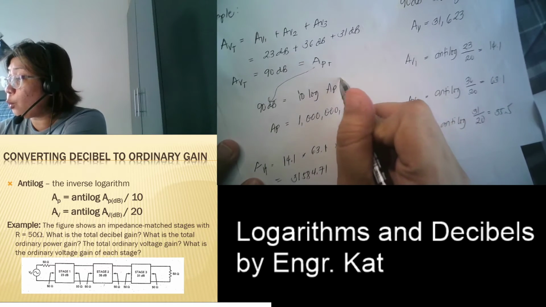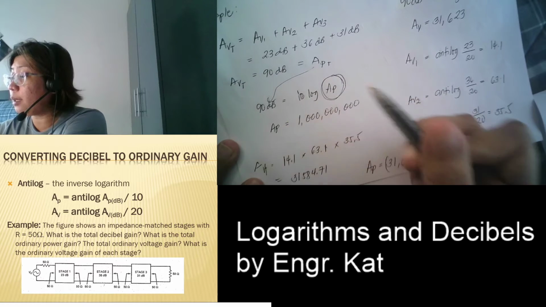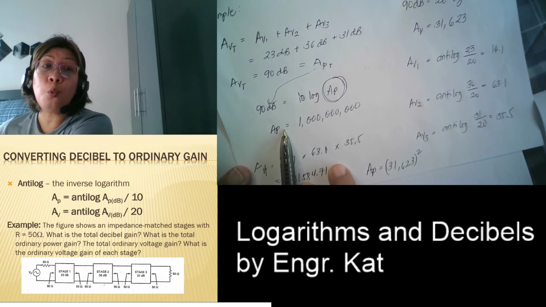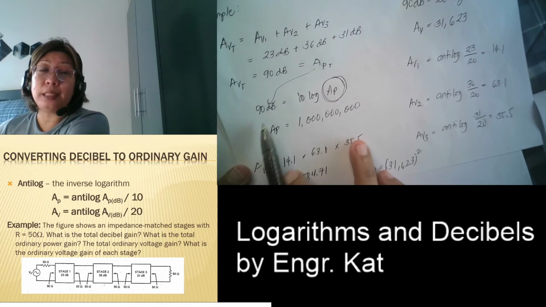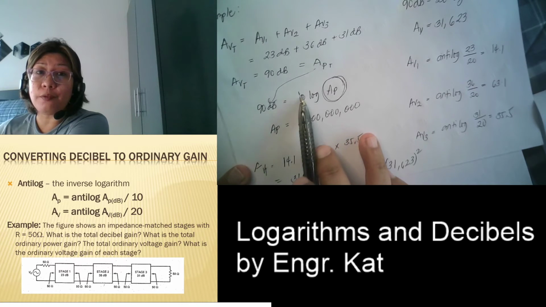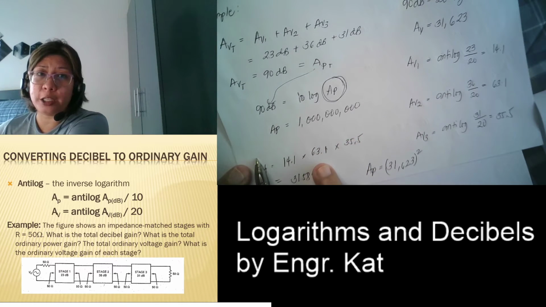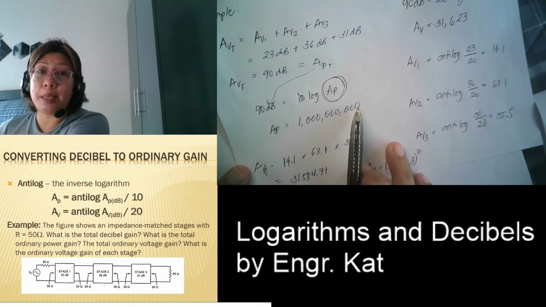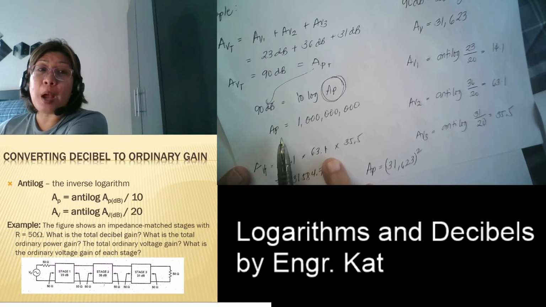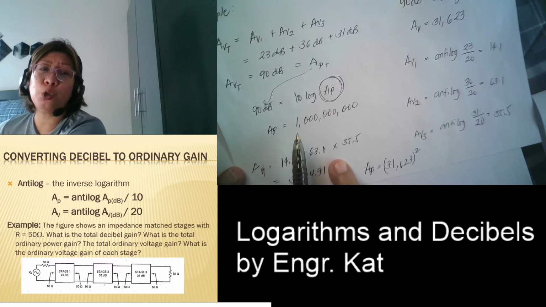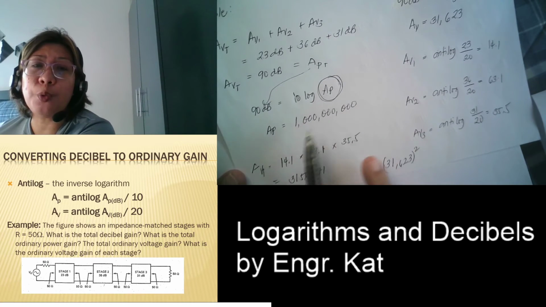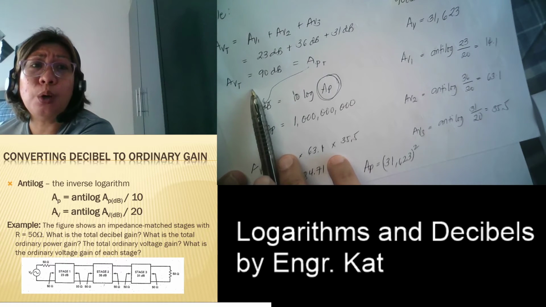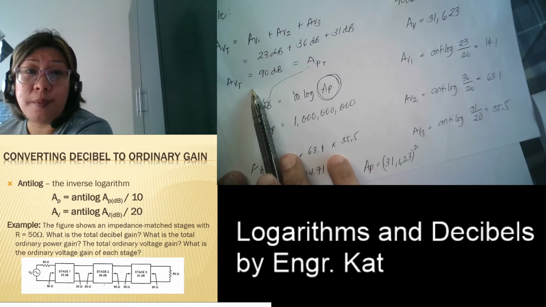What we don't know is AP, so we use the concept of anti-logarithm. That gives you 90 divided by 10, then inverse logarithm. That will give you 1 million. Imagine, your power gain is equivalent to 1 million. Which is easier to write? You have to write 9 zeros here, whereas all you have to do is write 90 dB.